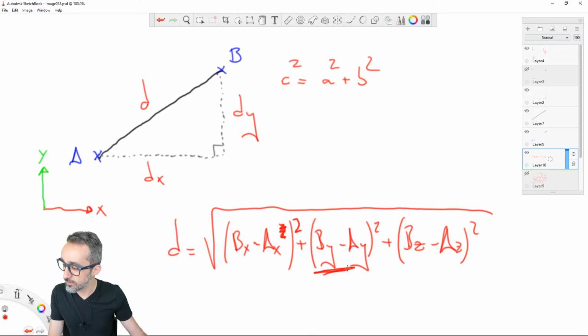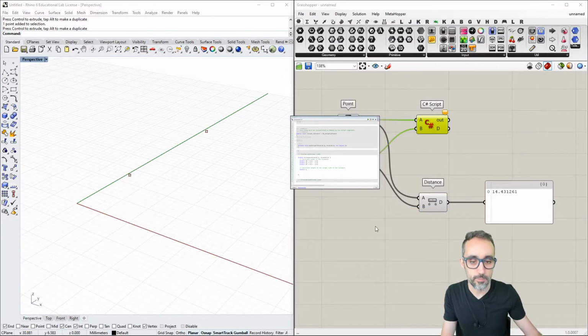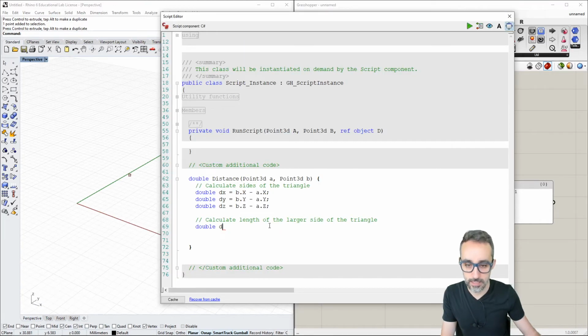And then plus dy squared plus dz squared. So I'm going to say d is going to be equal to dx squared, or dx times dx is the same thing. This is much easier and much faster to compute for the computer. And then dz times dz.